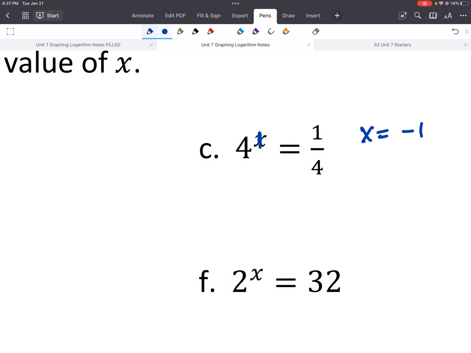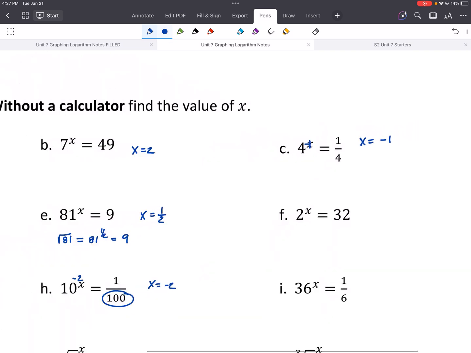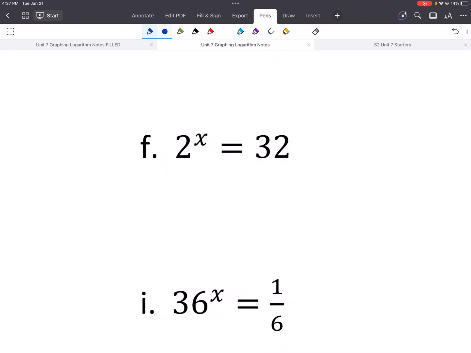The 1 by itself isn't going to change anything, but the negative is going to make it be its reciprocal. All right, 2 to the what is 32? Again, 2 times 2 is 4, times 2 is 8, times 2 is 16, times 2 is 32. So x would have to be 5, right?